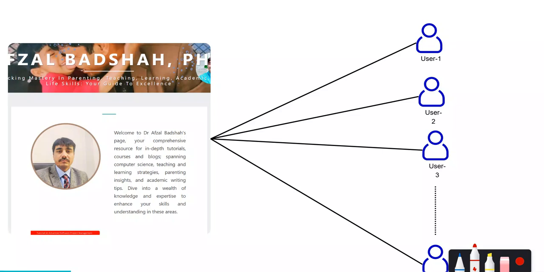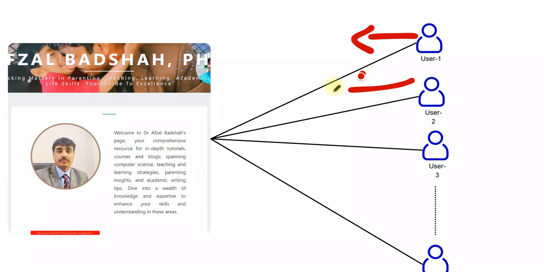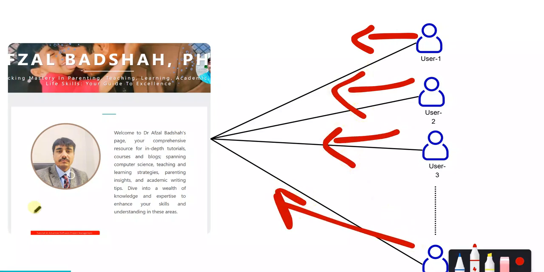So let's see, for example, you have developed one website. It is an enterprise level website, it's on the cloud, and people around the world are visiting it. And you are recording the visitors, the number of visitors who are visiting your website.